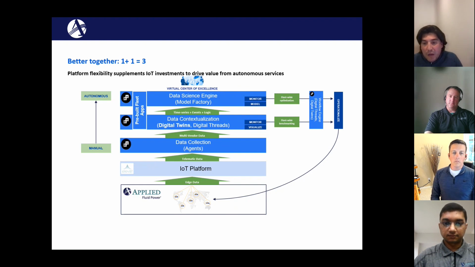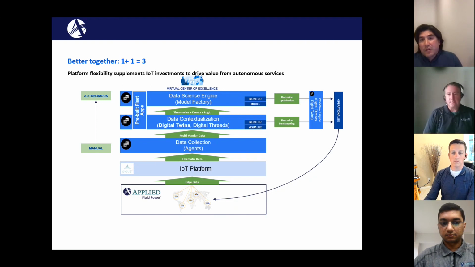helping to bring some of the equipment of the fleet into higher levels of operational efficiency, and we can do this by establishing KPIs. We can do this by creating alerts.